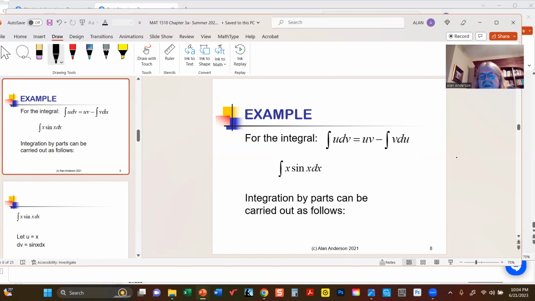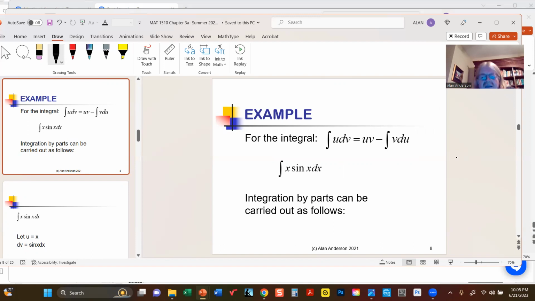Which of these terms is going to be your u, and which one is going to be your dv? And keep in mind that whatever you choose for dv, this has to be part of it. If you guess wrong, you'll know it right away because it starts to become even messier than what you started out with. The whole point of this is to simplify what you have into something more manageable.